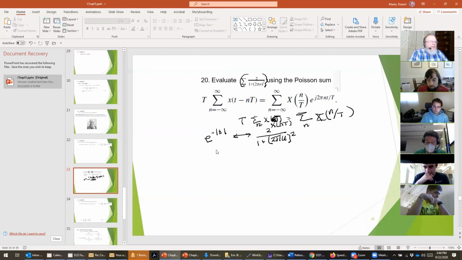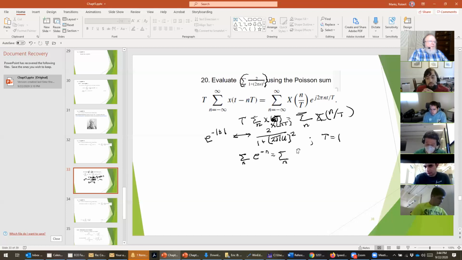And I believe that we had this problem. So here's the point. If we set t equal to 1 into this problem, we get the summation over n of e to the minus n, is that right? Is equal to the summation over n of 2 over 1 plus 2 pi n squared.